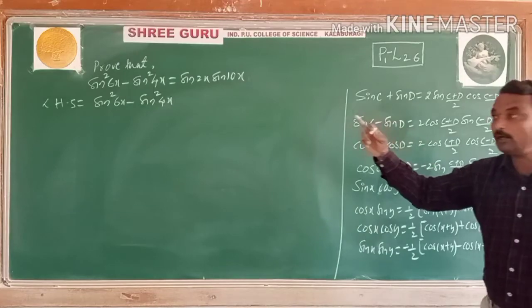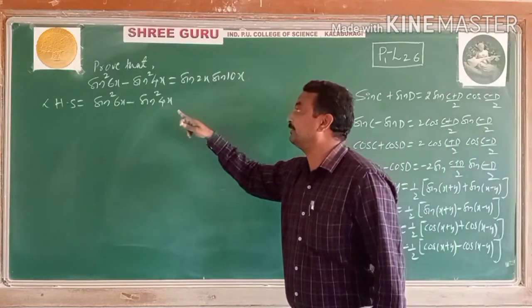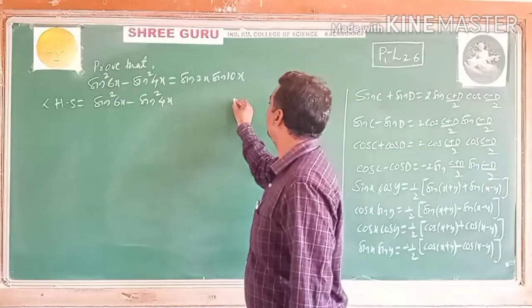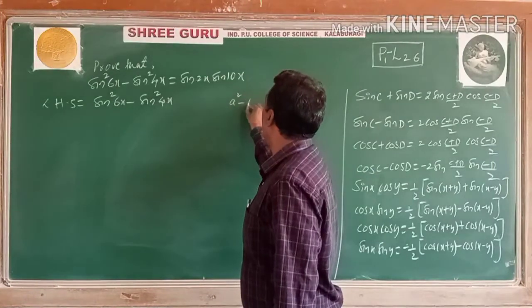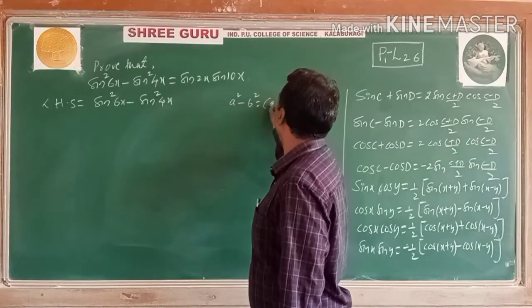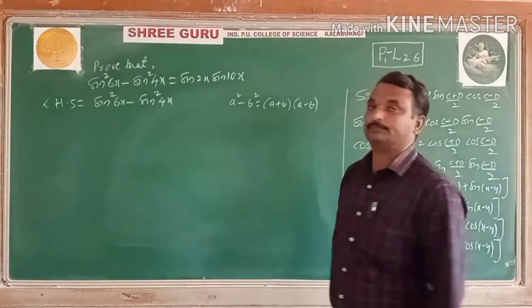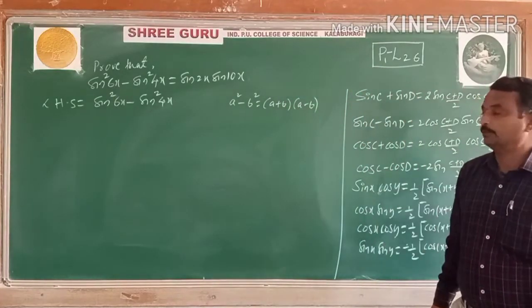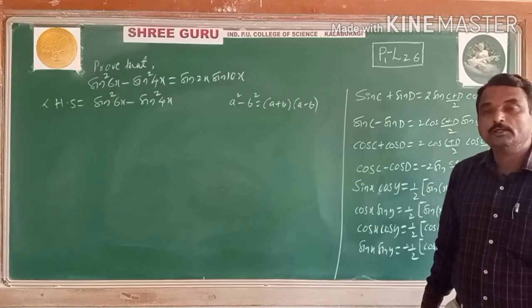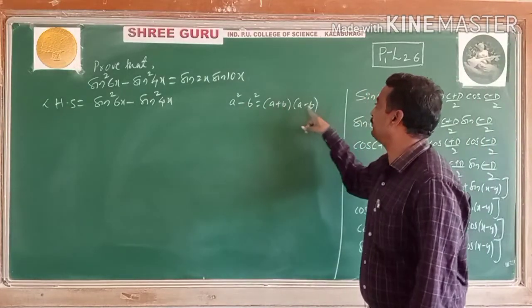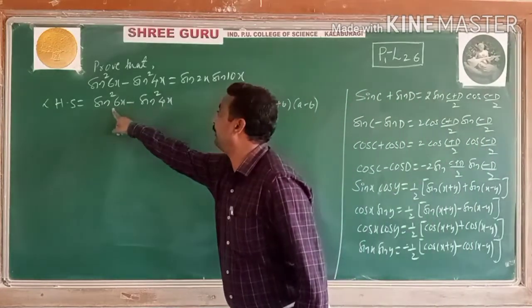Clear, all of you? This is what your LHS is: sin square 6x minus sin square 4x. You know, a square minus b square is equal to a plus b into a minus b. You may expand this.